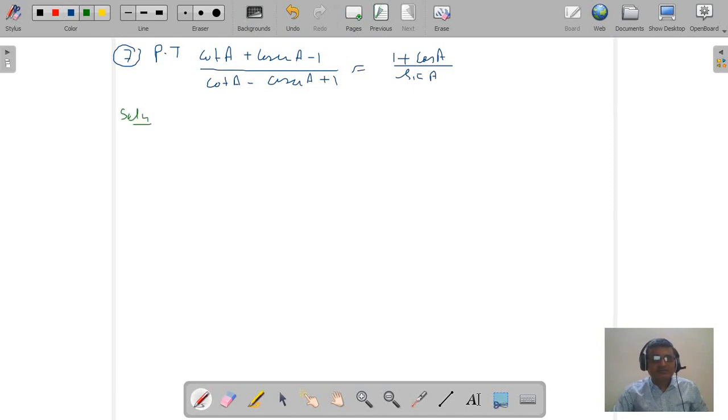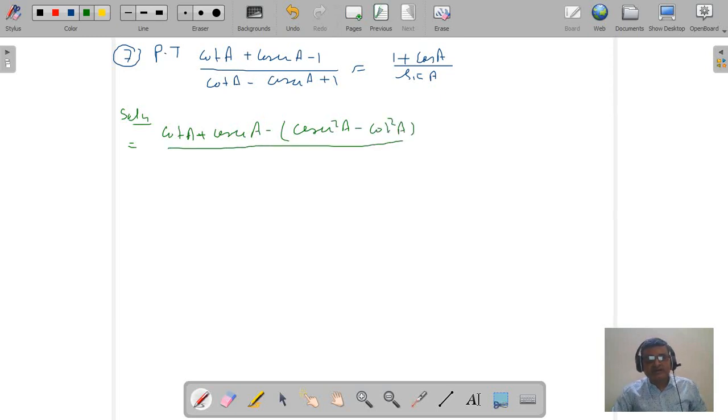See, cot A plus cosec A, and 1 can be written as cosec square A minus cot square A, and the denominator will remain same, cot A minus cosec A plus 1.